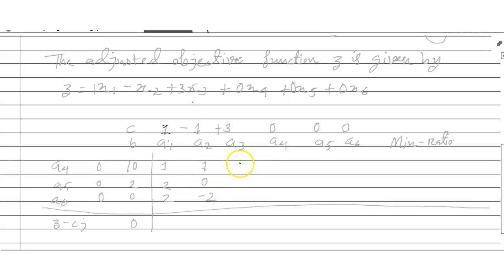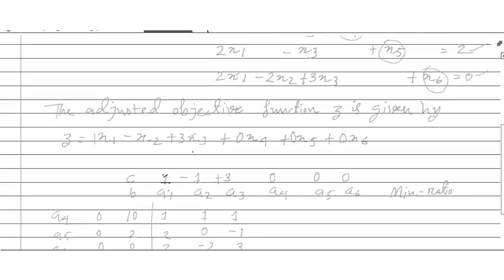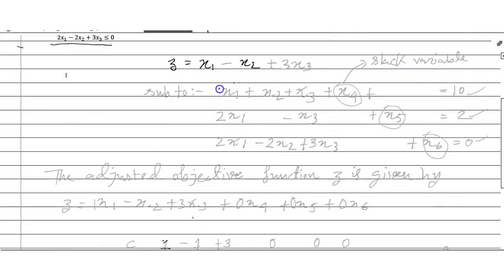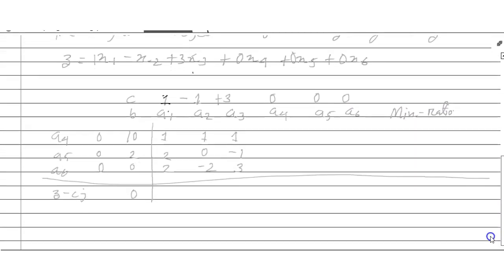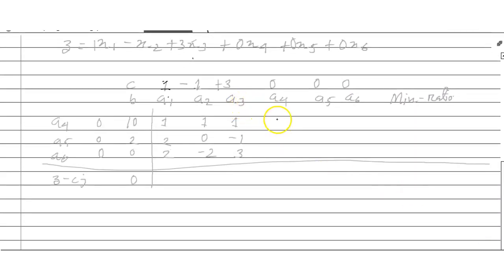The A3 column is 1, minus 1 and 3. And the slack columns are 1 0 0, 0 1 0, 0 0 1.